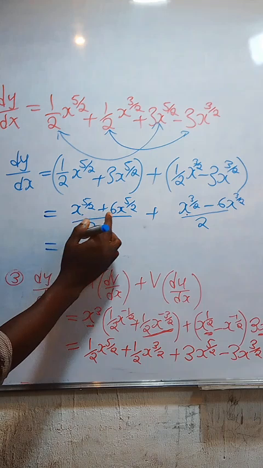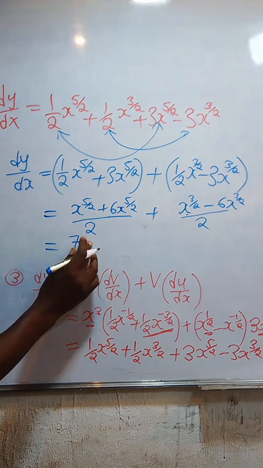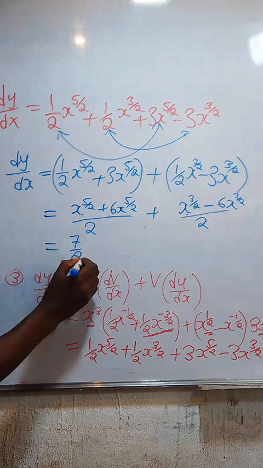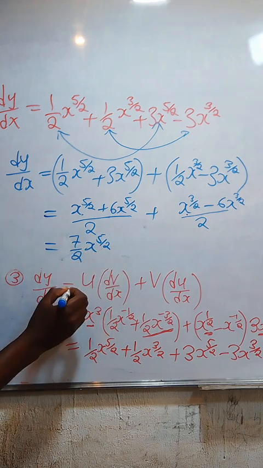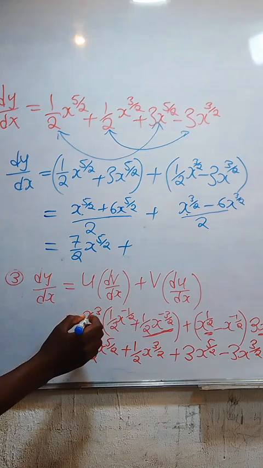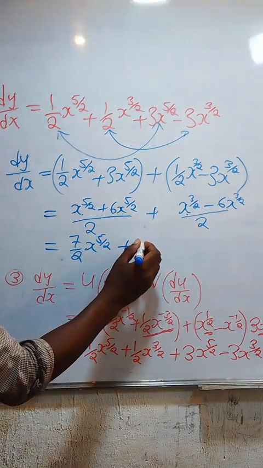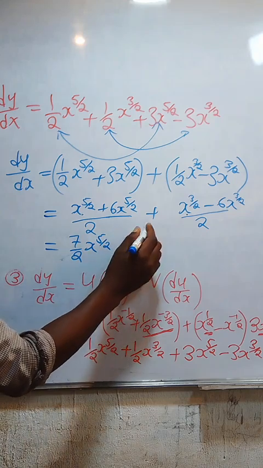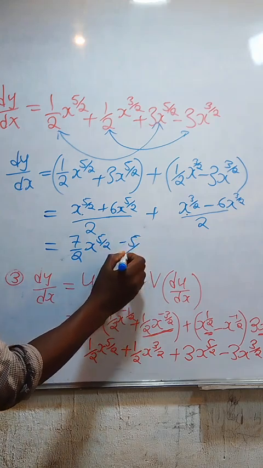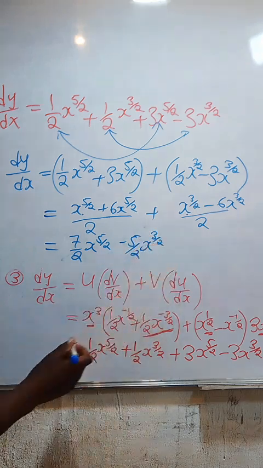So what you have here is 7 over 2 x to the power 5 over 2, plus, when you add this, you get negative 5 over 2 x to the power 3 over 2.